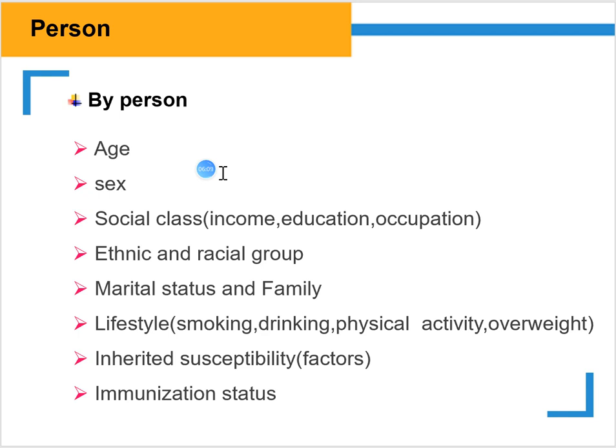For example, we might describe the distribution of coronary heart disease in one community by sex, age, occupation, and some lifestyle factors such as smoking, drinking, and physical exercise.